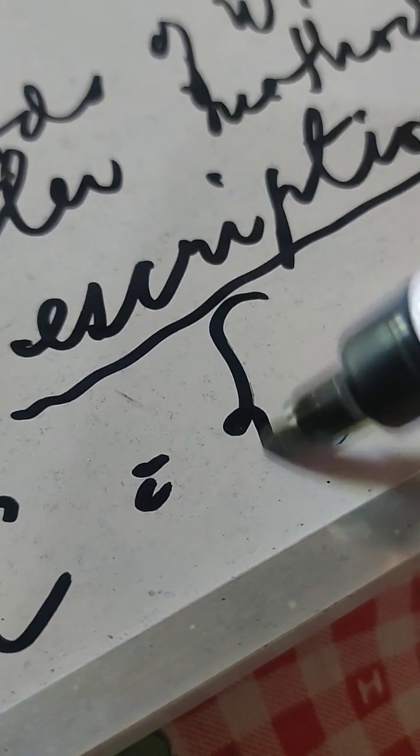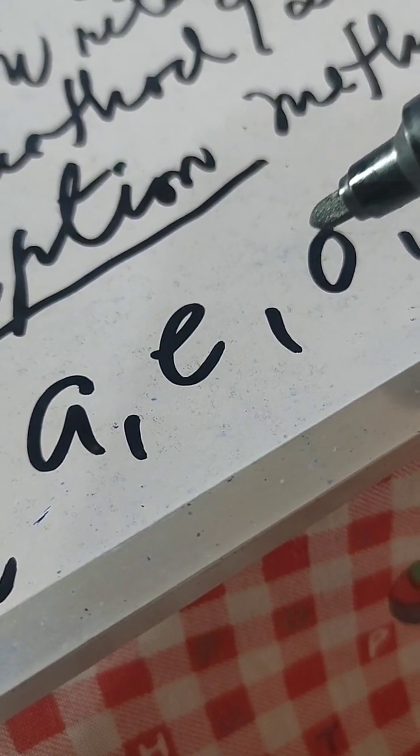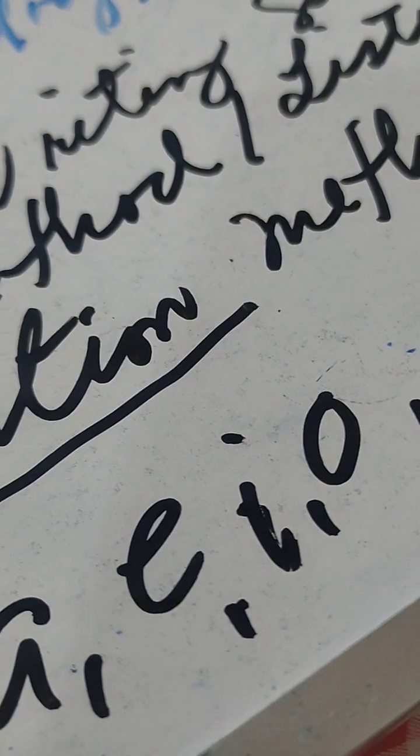Let us have this example: set C, we have A, E, I, O, U. Translating it into the description method, set C is the set of vowels in the English alphabet.